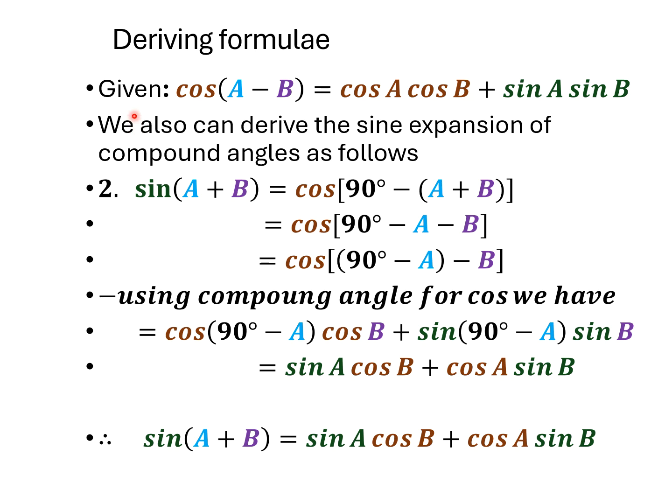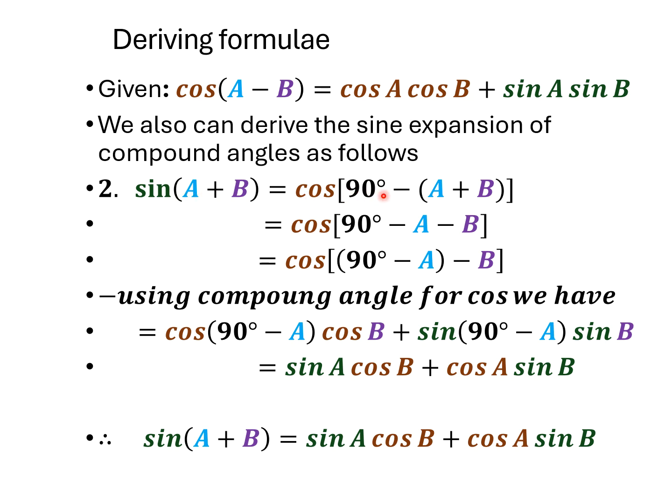Alright, second formula to derive. Given again cos(A minus B) equals cos A cos B plus sin A sin B, we will be required to derive the sine compound angle. So sin(A plus B), sine can be written as cos, provided it's 90 minus. So remember the co-function rule, cos of 90 minus changes to sine.